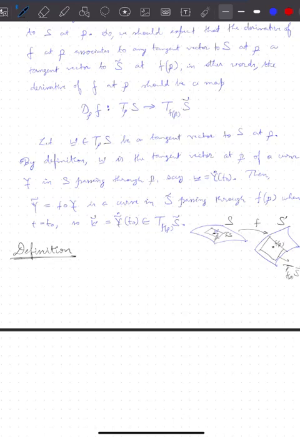Suppose W vector was the tangent vector to the curve gamma at t equal to t naught.